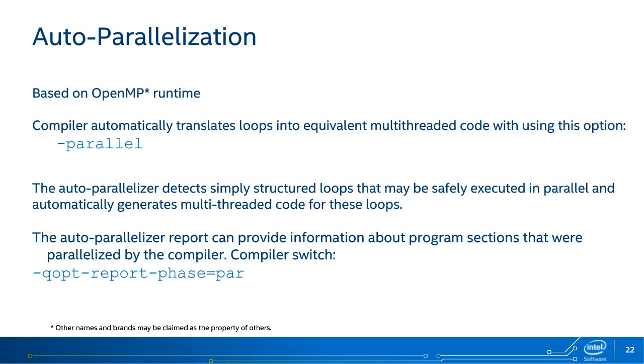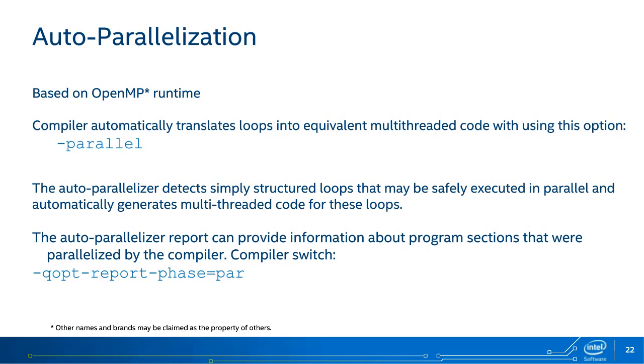And the last but not least feature of Intel compiler is called auto-parallelization. Before we talked about auto-vectorization and data level parallelism, but I promised that we will talk about task level parallelism. So Intel compiler also supports OpenMP as far as you know, and it also supports auto-parallelization, which means by using a special option, which is -parallel, you may tell the compiler to try to automatically translate loops into equivalent multi-threaded code.